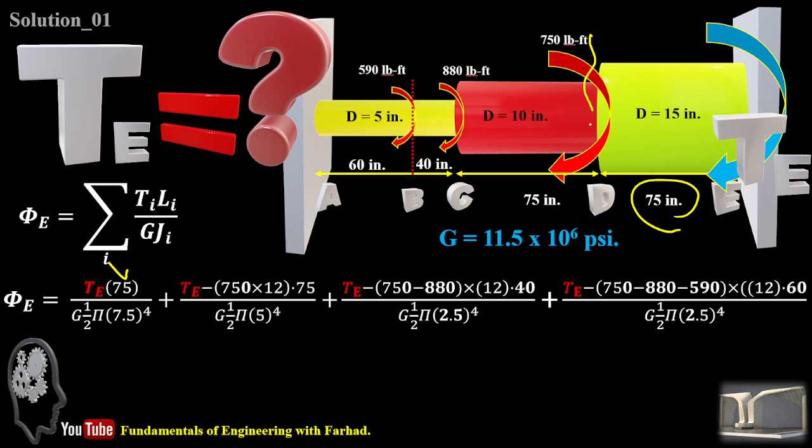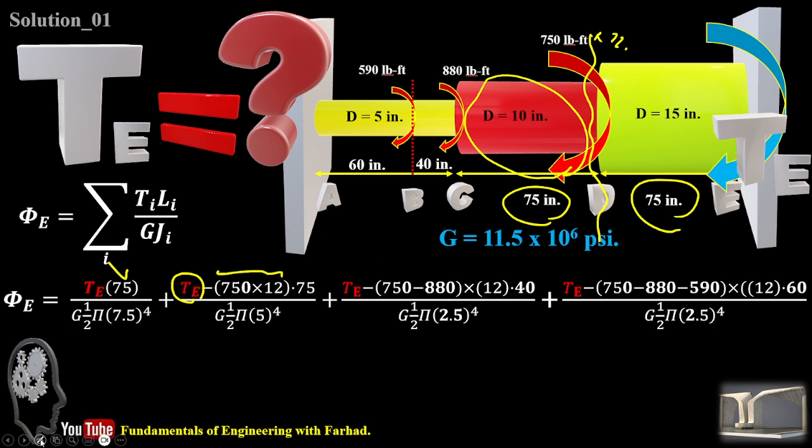When you enter this part, if you make a cross section of this part of your structure, you're experiencing TE minus 750 pound-feet, converted to inches because the dimensions are in inches. So you have to subtract, and let's consider the direction of our TE, like this is the true direction.